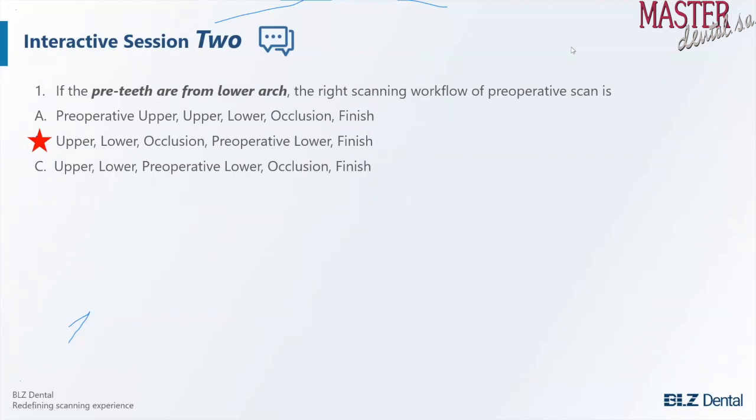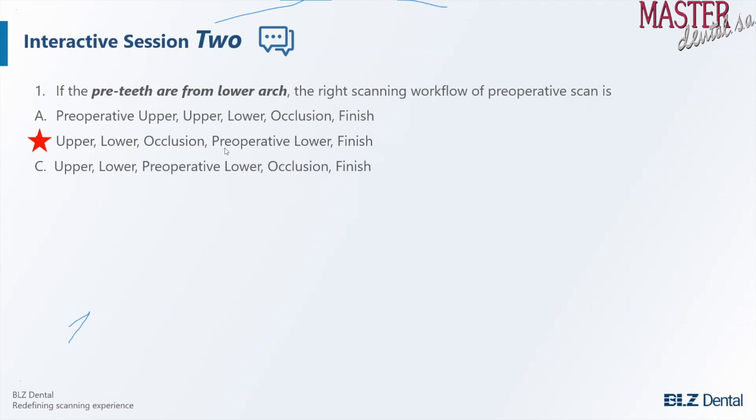For the first question, the right answer is B. If the pre-teeth are from the lower arch, the right scanning workflow is upper, lower, occlusion, then preoperative lower scan, and then finish. The upper, lower, occlusion scan, these 3 steps are fixed whether the pre-teeth are from the lower or upper arch.